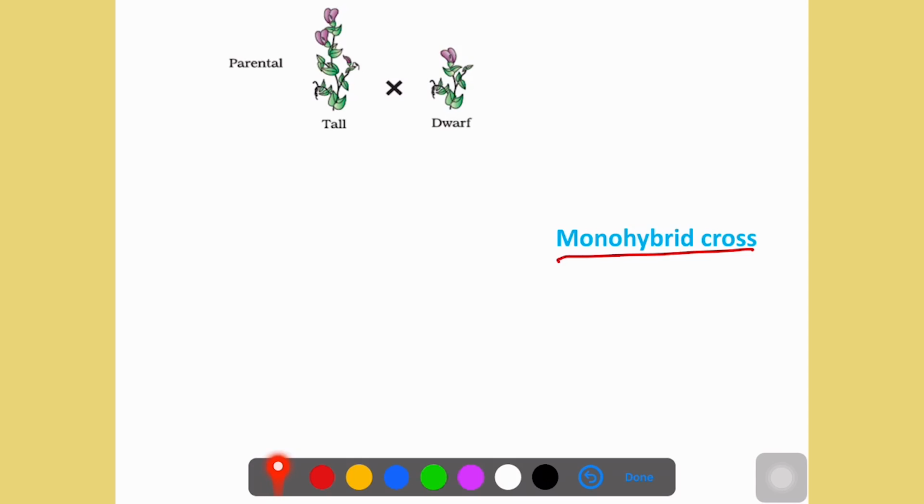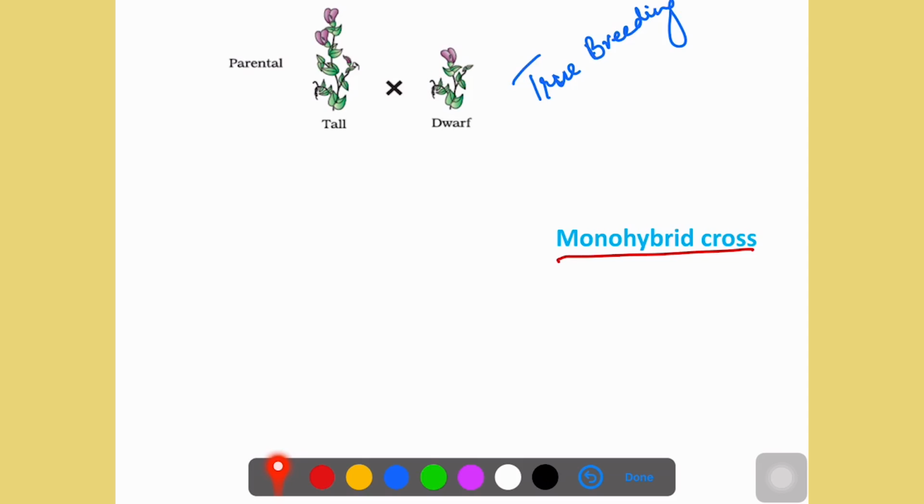One important thing over here: he made sure that these two plants were true breeding. This particular word, true breeding. So he made sure that these two parental plants were true breeding. So what does true breeding mean?